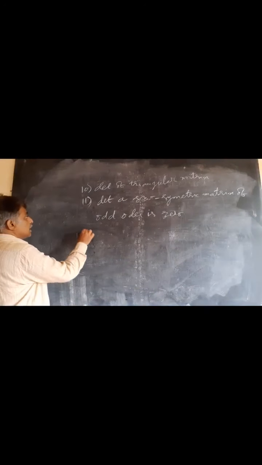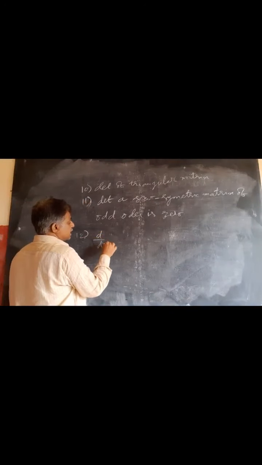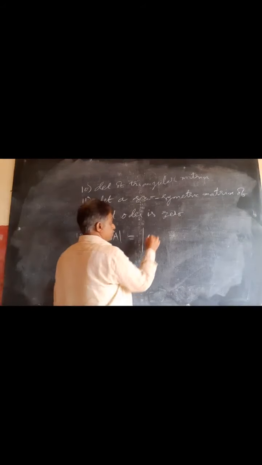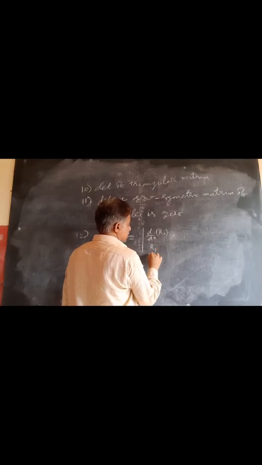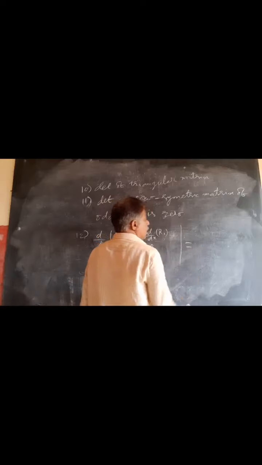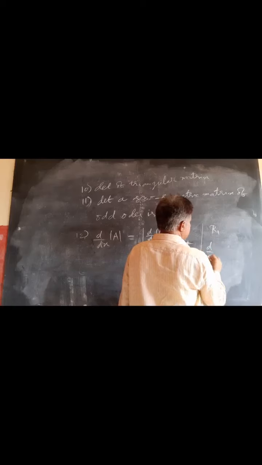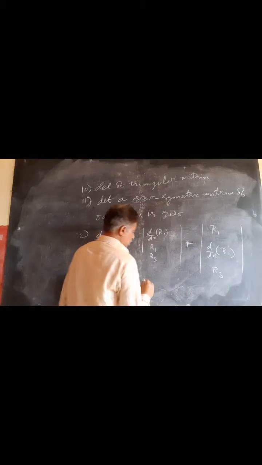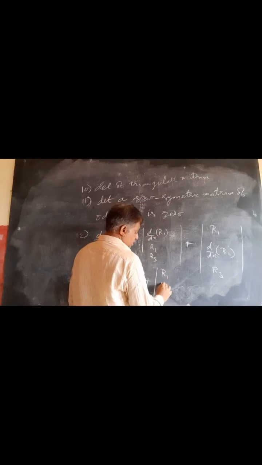Next, d by dx of det A is nothing but, we will find d by dx of first row, second row, third row as is. Then first row as is, d by dx of second row, third row as is. Then plus first row, second row as is, d by dx of third row.